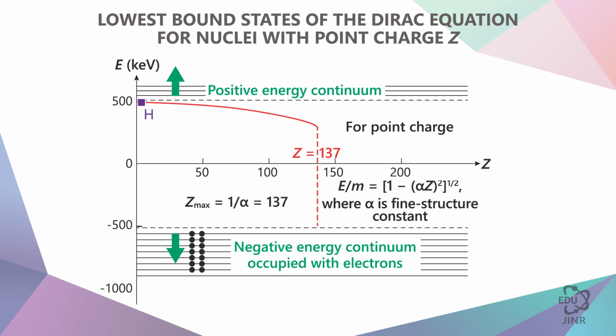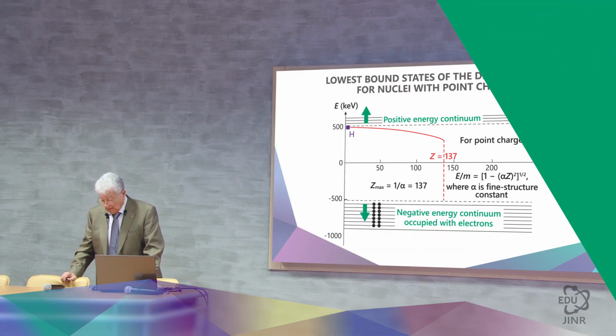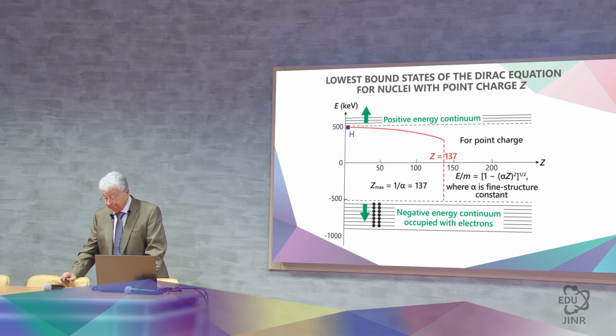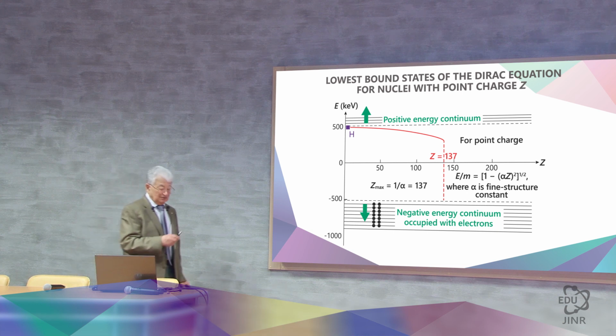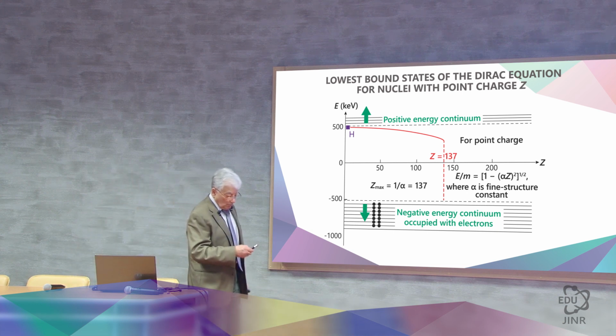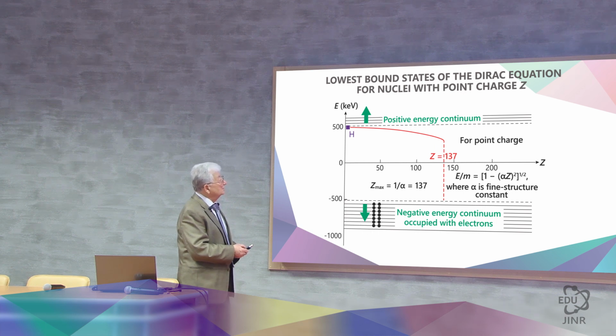In fact, the nucleus is not a point, it has a specific size. And if it has a specific size, then the charge would be spread out within this circumference. If it is spread out, it means that there is no super strong field, and therefore the picture would be a little bit different.